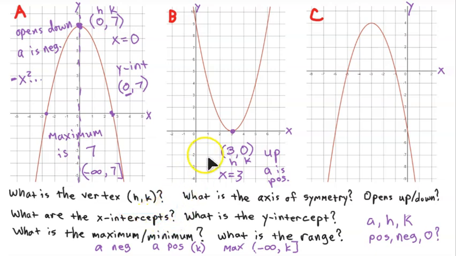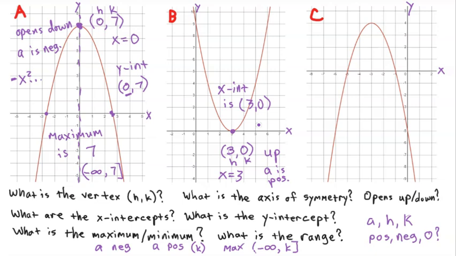What are the x-intercepts? The x-intercepts are where the graph touches the x-axis. Well, look, it touches the x-axis right at the vertex. And so there's only one x-intercept. There could be 2. There could be none. This one has 1. So the x-intercept is the point 3, 0, which is the vertex.